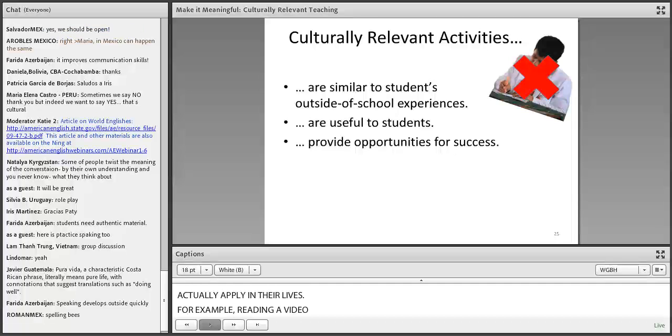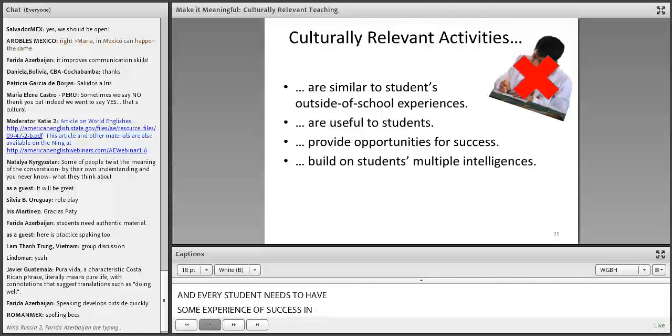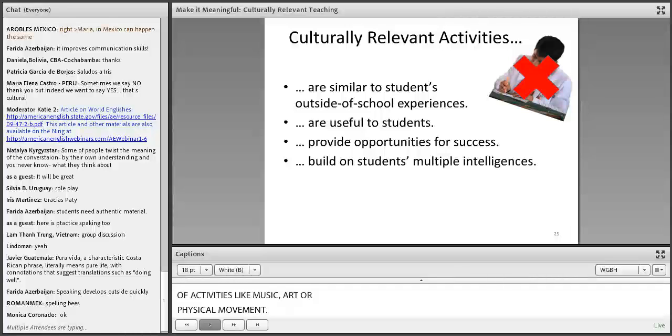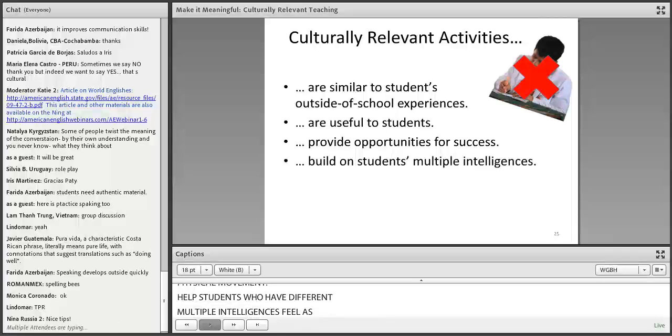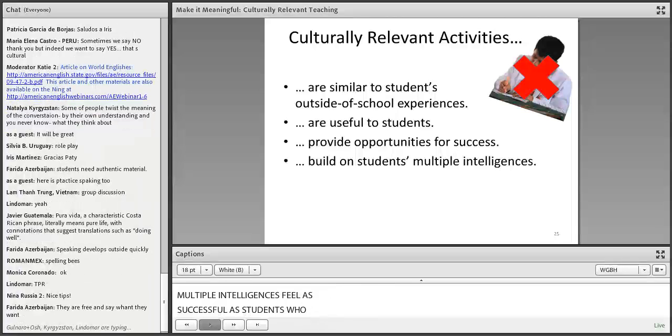And every student needs to have some experience of success in your class. Including many different types of activities like music, art, or physical movement helps students who have different multiple intelligences feel as successful as students who really excel at language use. And that can be a big motivator. Students are more motivated to engage in an activity once they can see the relevance of what they're doing.